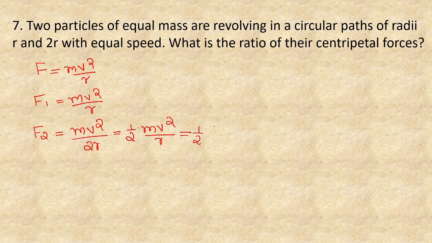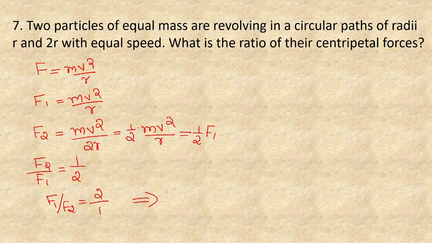So half into F1. So let us write the ratio of their centripetal forces: F2 by F1 is equal to 1 by 2, or F1 by F2 equals 2 by 1.